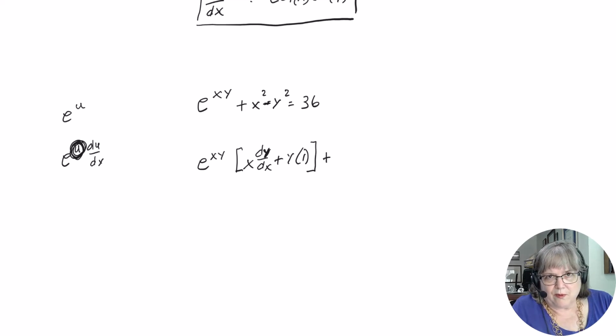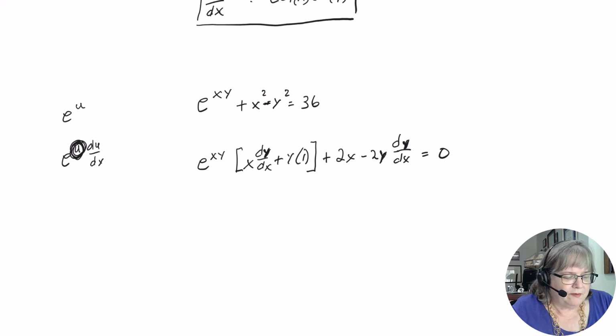Plus the derivative of x squared with respect to x is 2x. The derivative of y squared with respect to x is 2y. Leave the inside alone, take 1 off the power, loop back in, and take the derivative of the inside. And the derivative of 36 is 0.